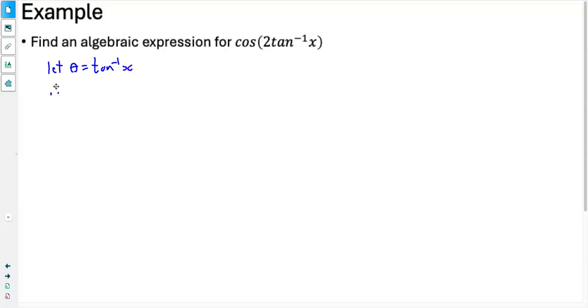And therefore, we know tan of theta equals x. And using the same logic as we did before, we can say tan theta equals x over 1.